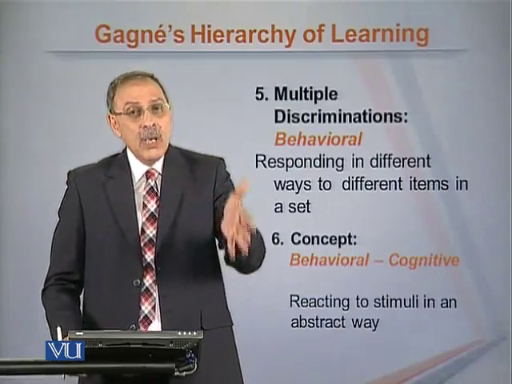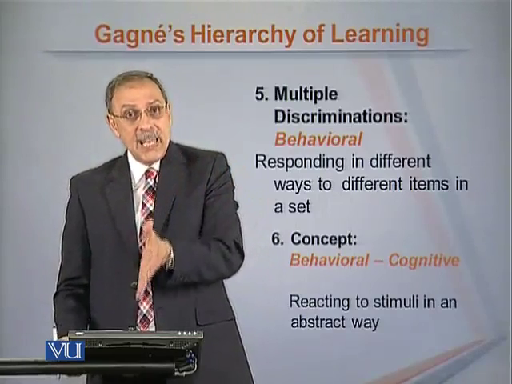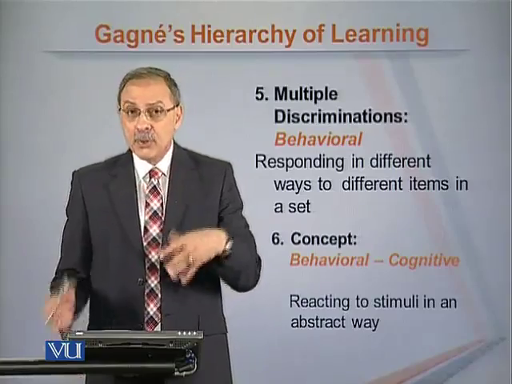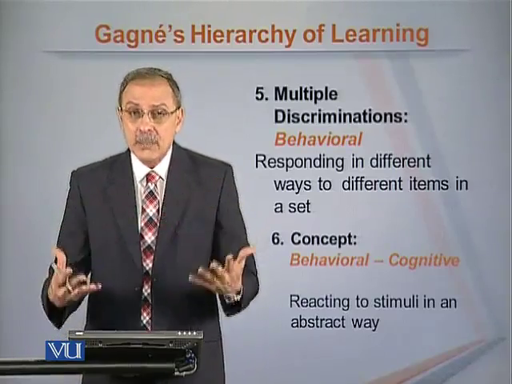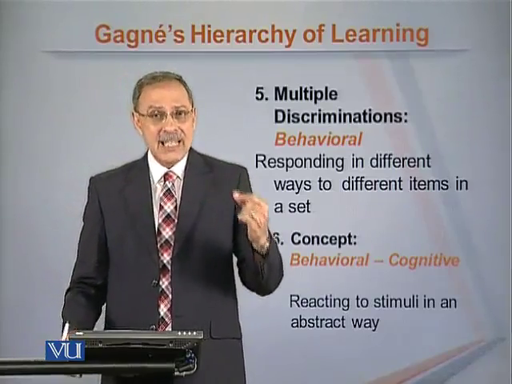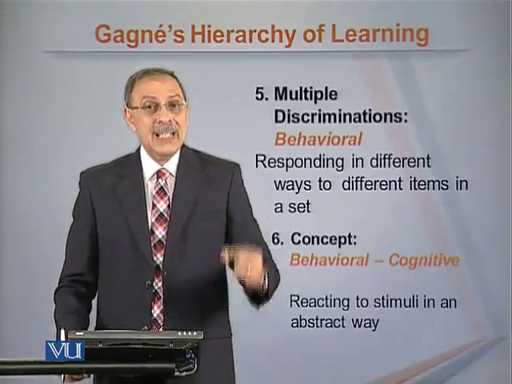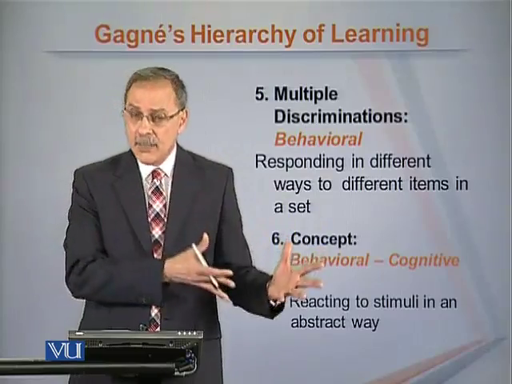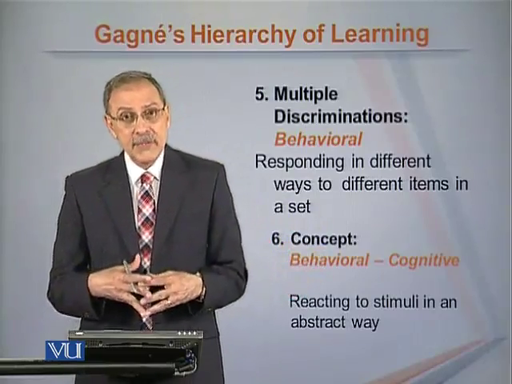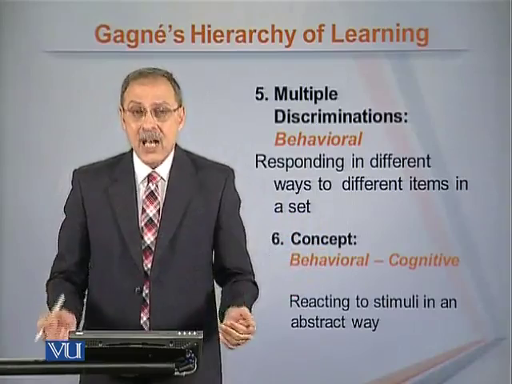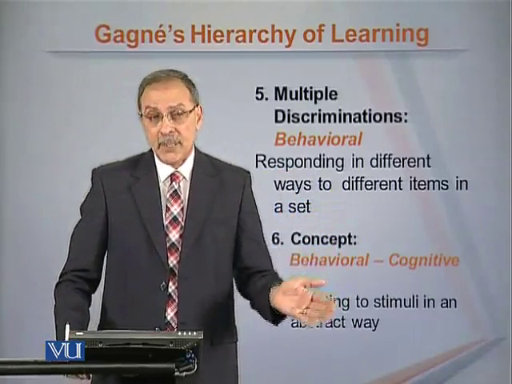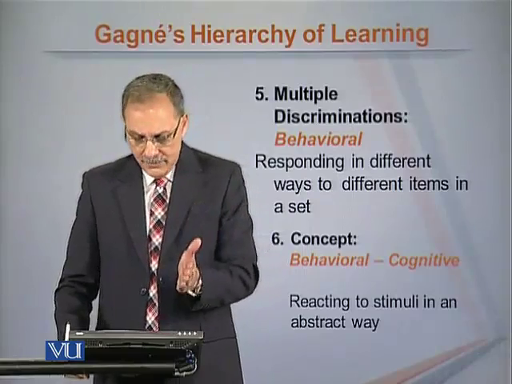You see how it's getting a little more complex as we move up the hierarchy. Being able to discriminate in multiple ways is not an easy thing to do. It requires behaviors that are not simple. It requires individuals to indulge in tasks and activities that are not very simple, but can be done.